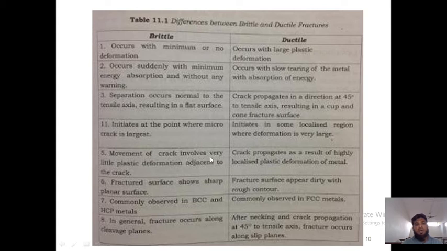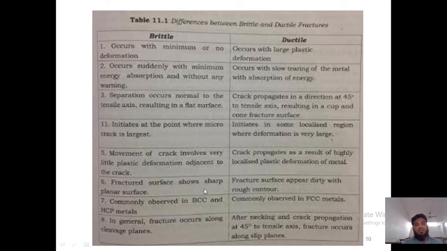In brittle fracture, movement of the crack involves very little plastic deformation, we can consider it to be zero plastic deformation, whereas in ductile fracture, crack propagation is a result of highly localized plastic deformation. Until you see some highly plastic deformation, the ductile material will not break, because it still has some energy stored in the plastic deformation.